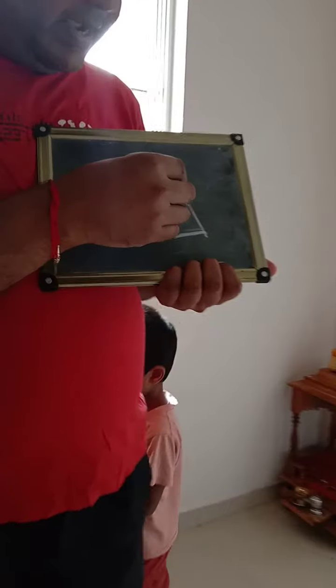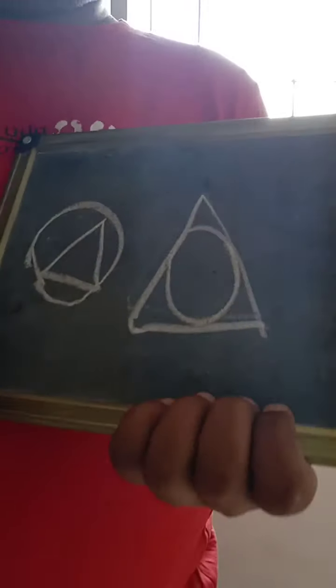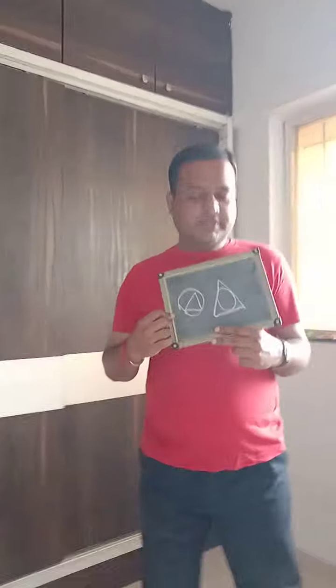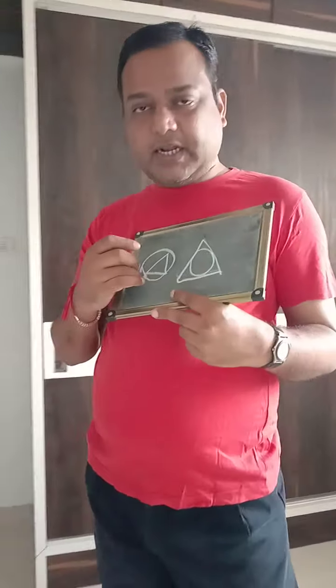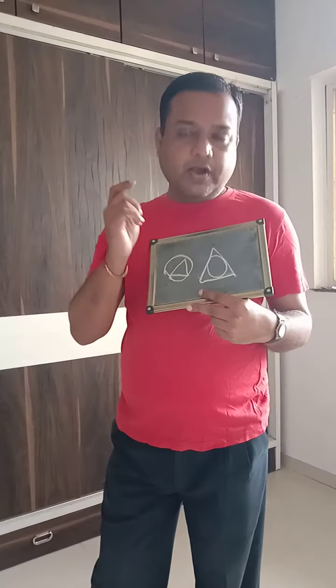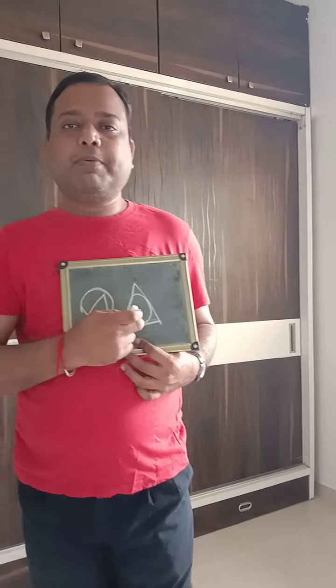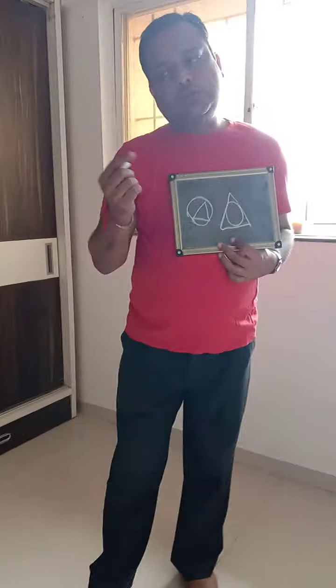The outer circle is called the circumcircle. First we have to construct the incircle, and then the outer circle. This is an example of an incircle, and this is an example of an outer circle.